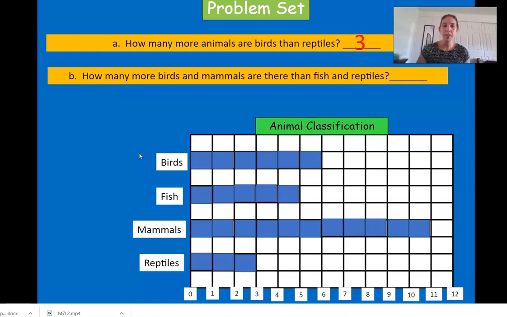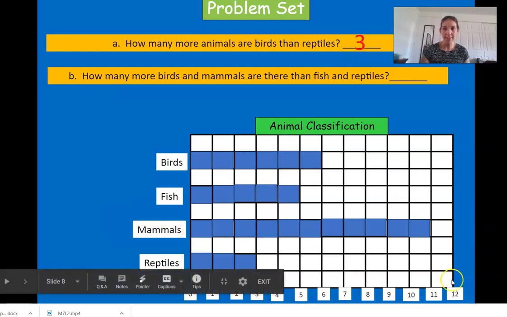How many more birds and mammals are there than fish and reptiles? So remember, these questions can be a little tricky. So first we have to figure out how many birds and mammals. So we have to add together birds and mammals. That's step number 1. So birds have 6, mammals have 11.